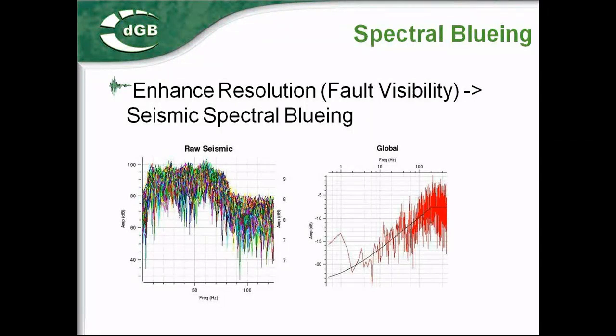I just had a conversation with a colleague of mine who was working North Sea data, where mapping often very subtly present faults is very important for reservoir evaluation, reservoir characterization, because you're dealing with reservoir compartmentalization there. You want to know where those small faults are, and they use this spectral bluing algorithm all the time. It's originally a BP idea. But this colleague works for another company, and they routinely apply it to the data.